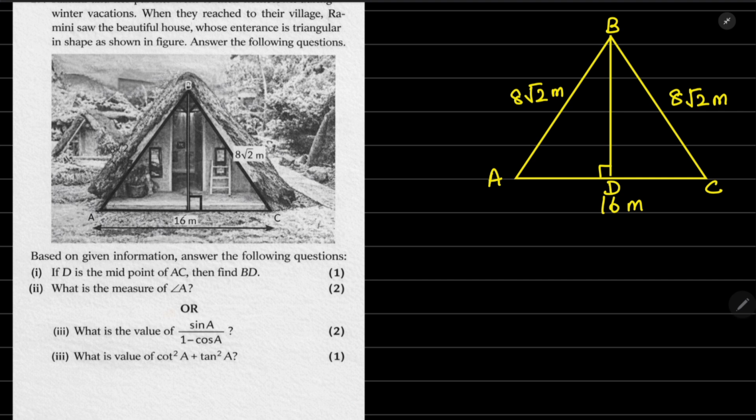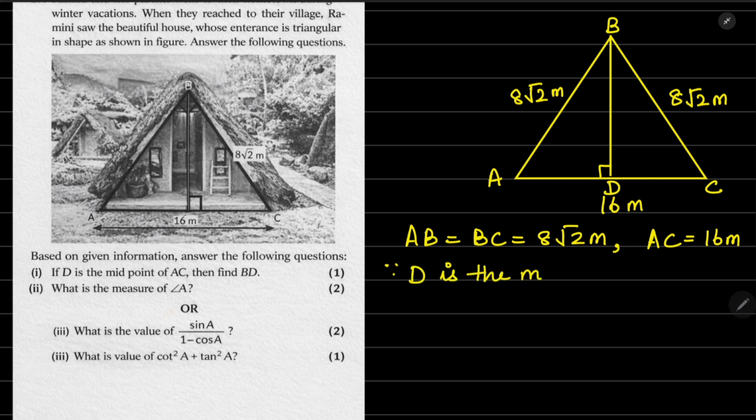So the first thing is you have to find BD. Now, whatever is given, AB is equal to BC is equal to 8 root 2 meters. AC is nothing but 16 meters. Since D is the midpoint of AC, therefore AD is equal to DC is equal to 8 meters. 16 by 2, that is 8 meters, half of AC.